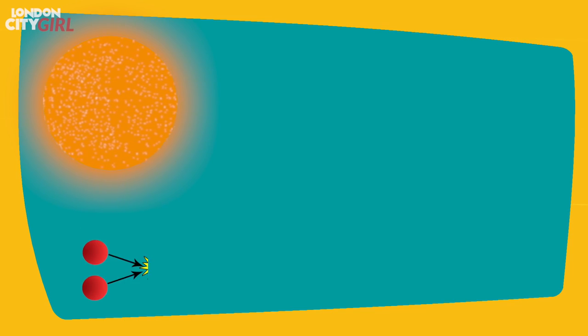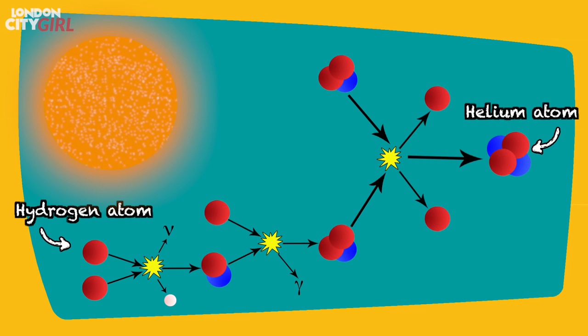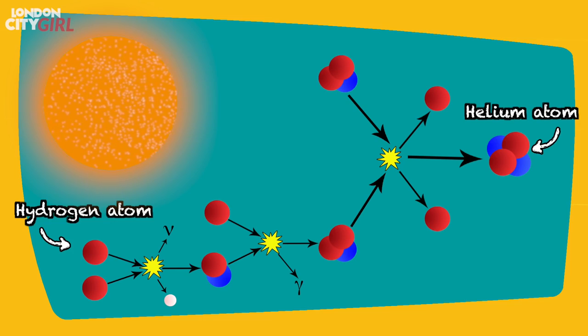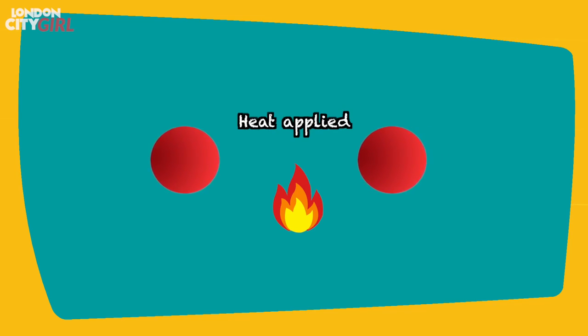Quantum tunneling is responsible for nuclear fusion in our Sun. In the Sun, hydrogen atoms fuse together to create helium and other heavier elements, releasing huge amounts of energy in the process. The hydrogen nuclei consist of positively charged protons, and as like charges repel each other, fusion only occurs when a huge amount of heat is applied to overcome this barrier and force the protons together.